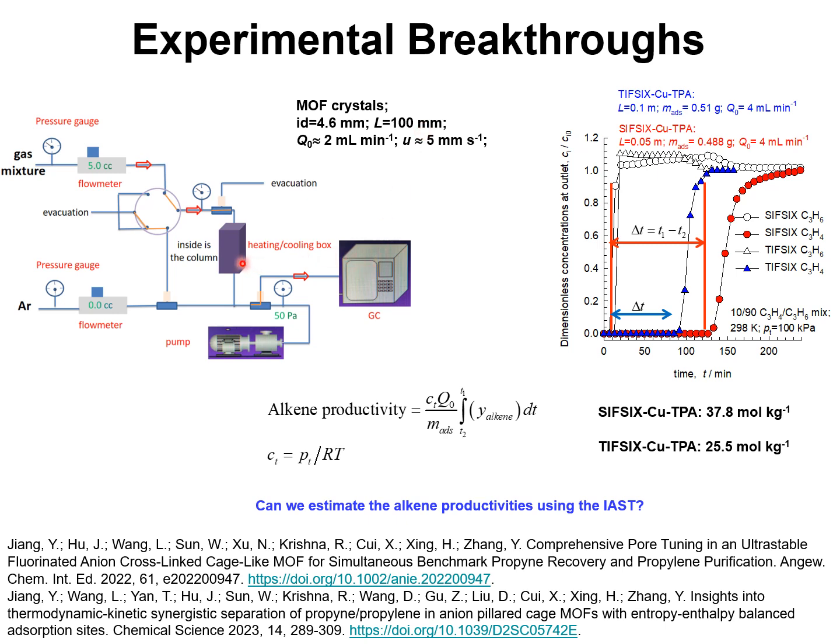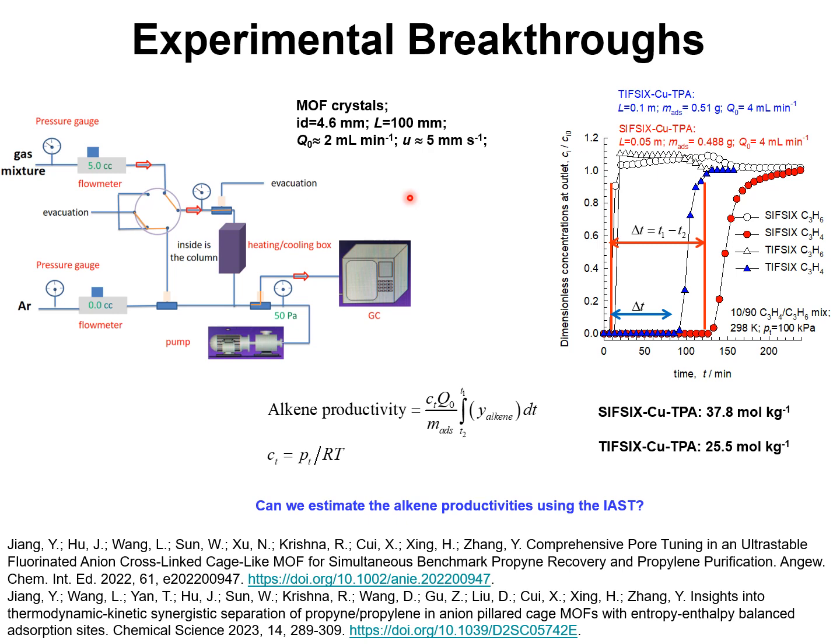The volumetric flow rate at the inlet to the breakthrough tube is of the order of 2 milliliters per minute, and the superficial gas velocity of the mixture flowing through the tube is approximately of the order of 5 millimeters per second.